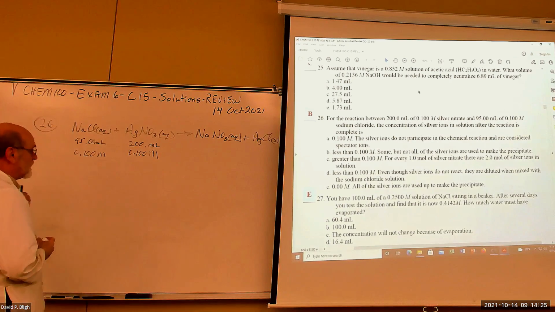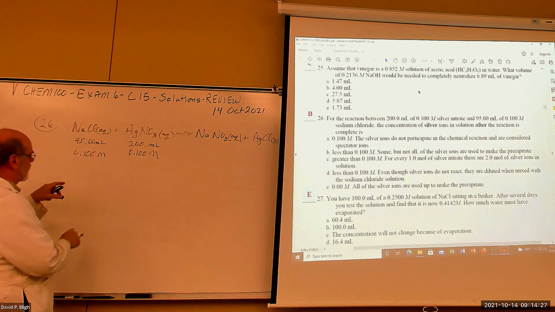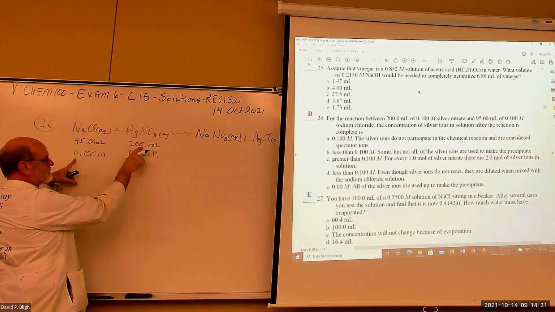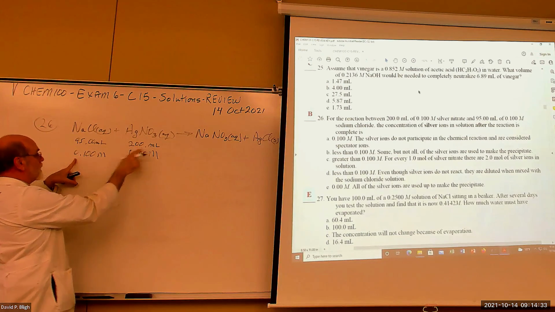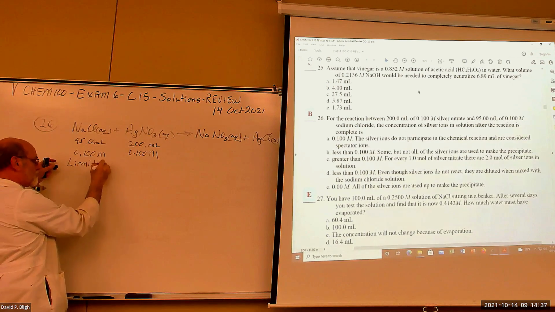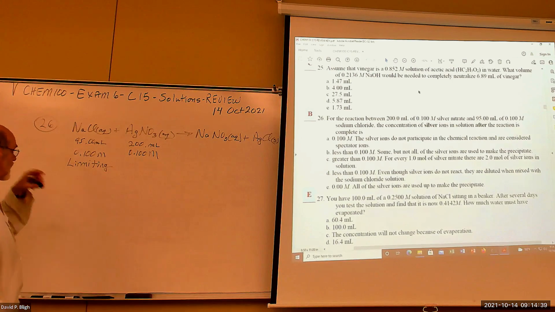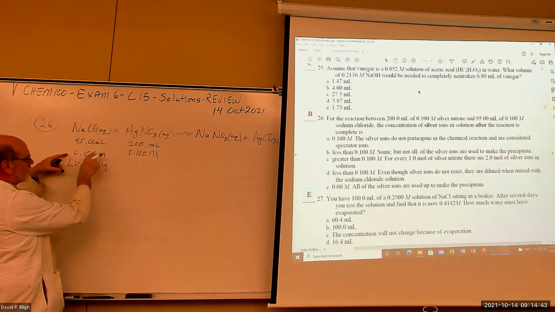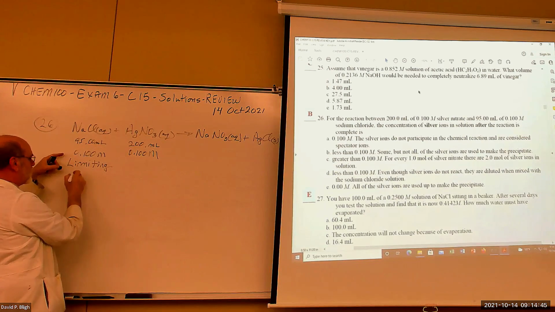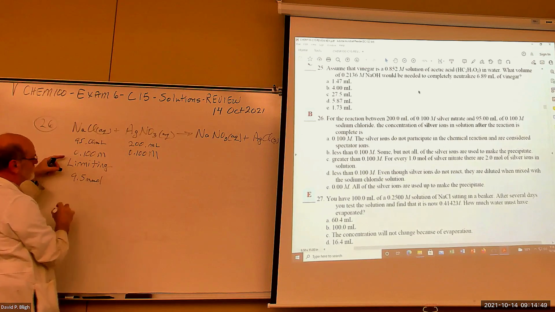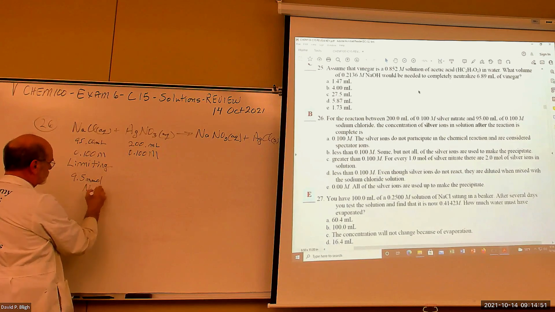All right, so which one's limiting? Well, we've got equal molarity, but this has got more volume. So this one's going to be limiting. If we multiply this molarity times this milliliters, we get 9.5 millimoles of sodium chloride.